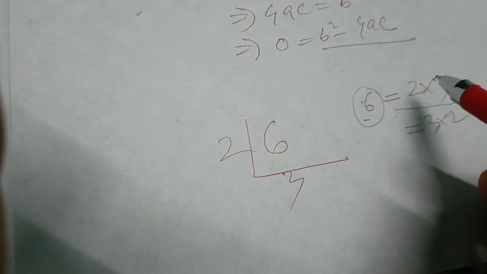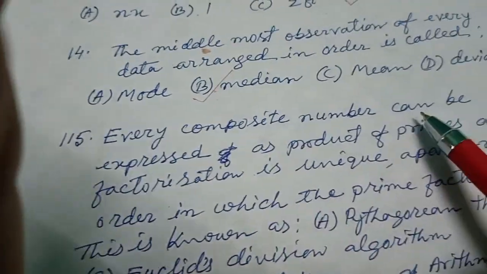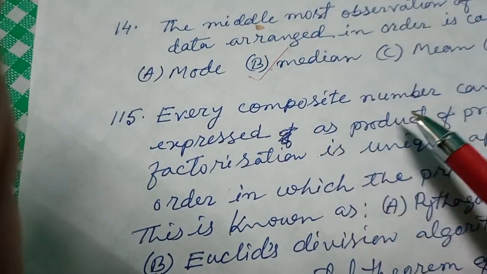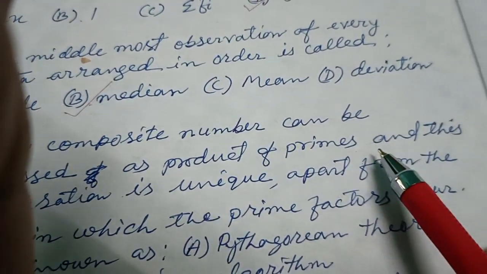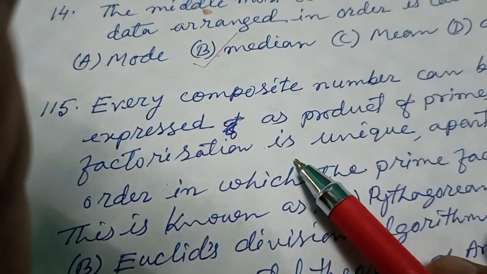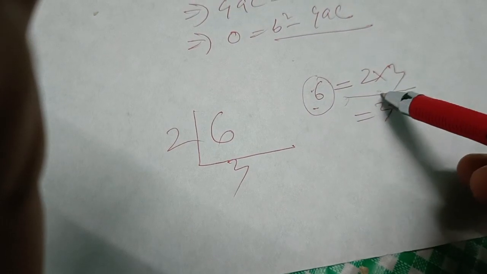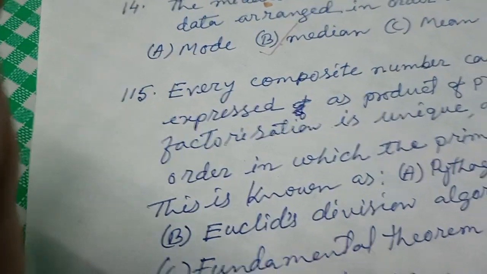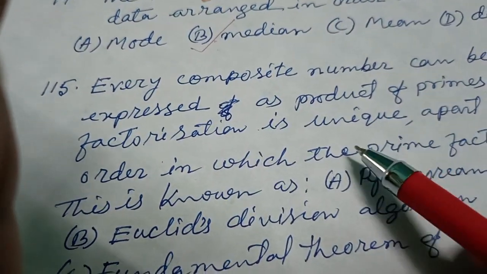So that's why it is said that every composite number can be expressed as a product of primes, and this factorization is unique. You can see that all the numbers are prime. Clear?